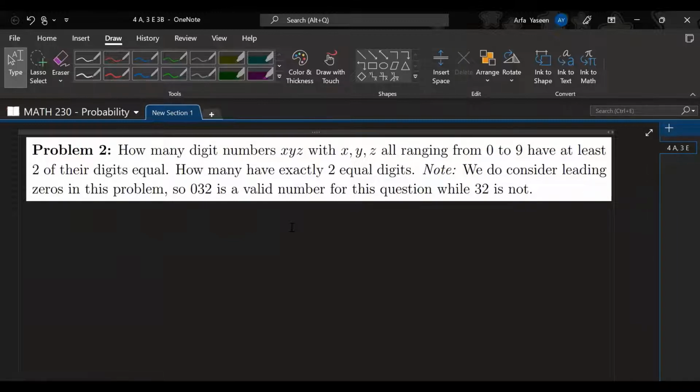I could come up with 2 approaches to this question. The first one was through the complementary rule, the one where we find out the total number possible, like the total possible numbers we can have, and then subtract the possibilities where all digits are distinct and all digits are equal to one another.